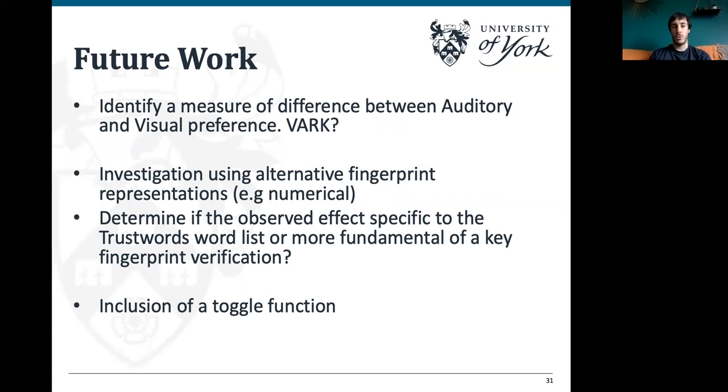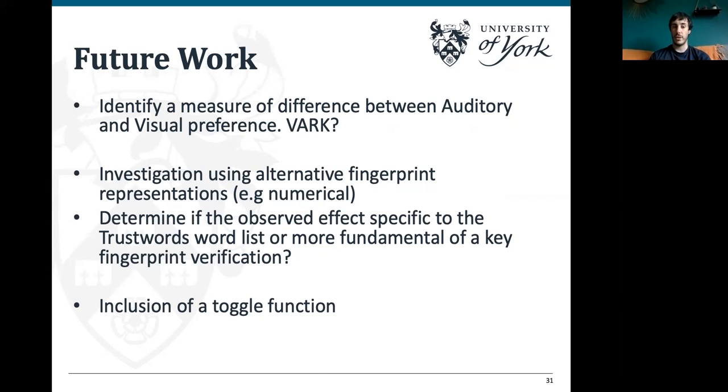In further aspects of future work, we will attempt to identify a measure of difference between auditory and visual preference of participants. One option at the moment is the VARK questionnaire, which measures learning style differences between a visual, auditory, read-write, and kinesthetic dimension. We will be particularly interested there in differences on the auditory and read-write dimensions.